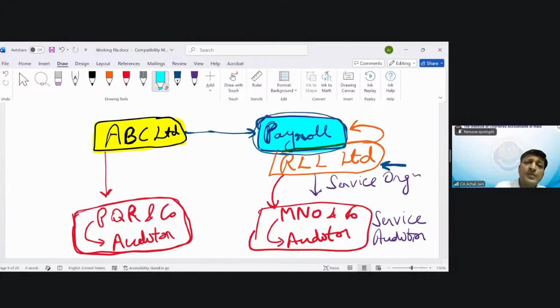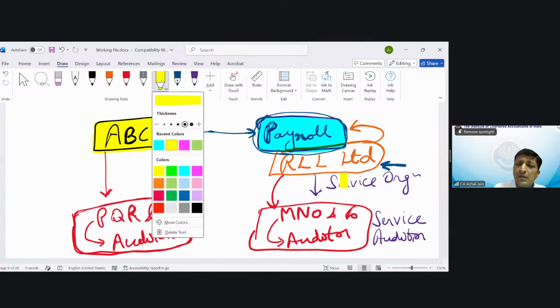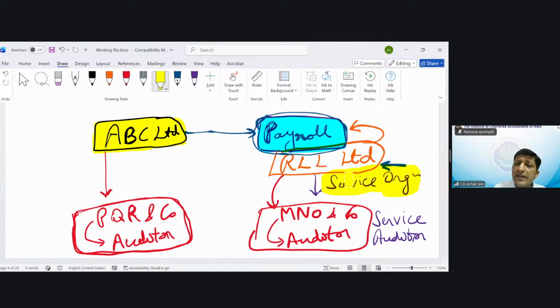Now for our purposes, what do we need? We need to understand how you really go about it. Now, who will decide this approach? Will it be decided by ABC, RLL, MNO? No. It's something which the auditor has to decide.